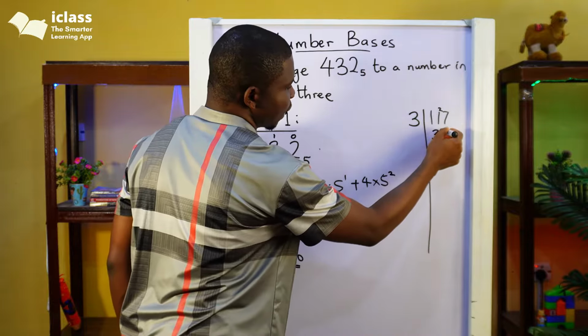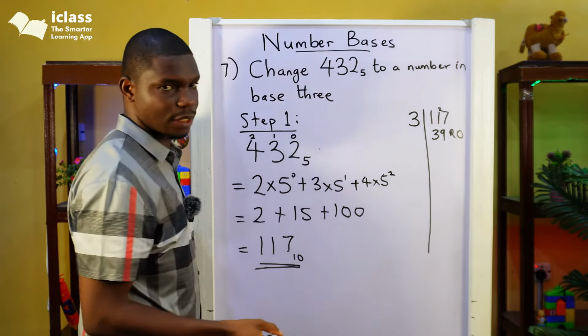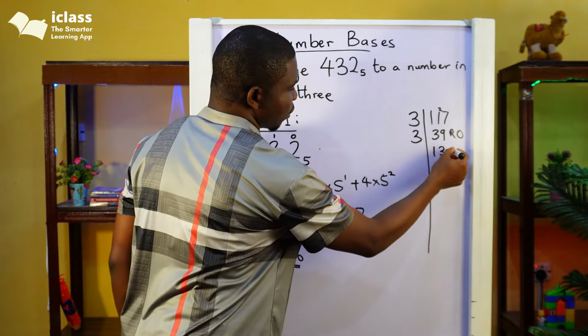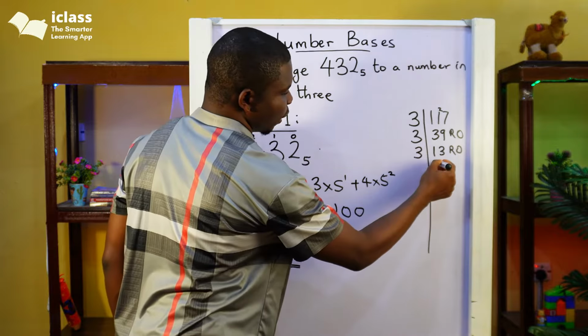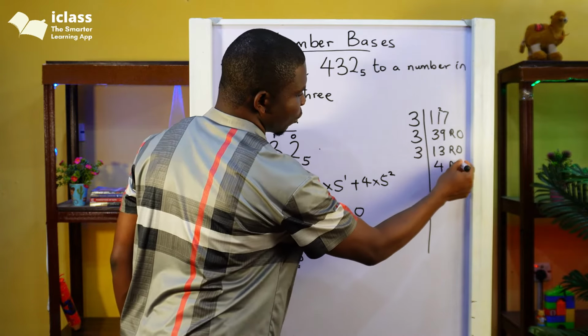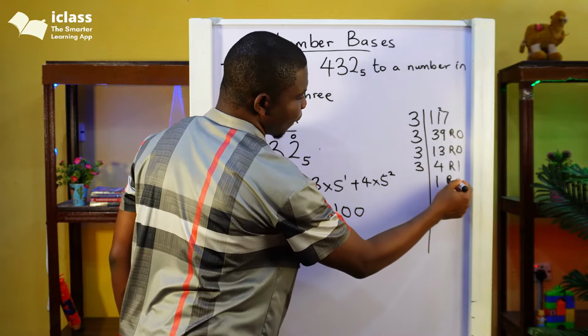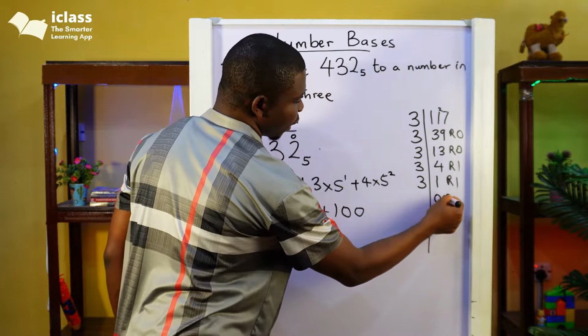Into 27 is 9. No remainder. So write remainder 0. 3 into 39. This will be 13. No remainder. 3 into 13. This will be 4. Remainder 1. 3 into 4 is 1. Remainder 1. 3 into 1 is 0, remainder 1.